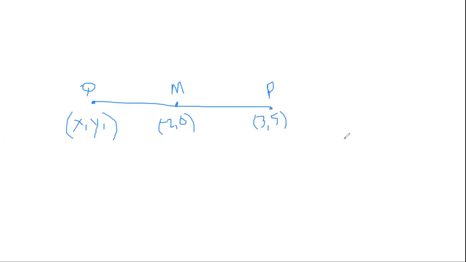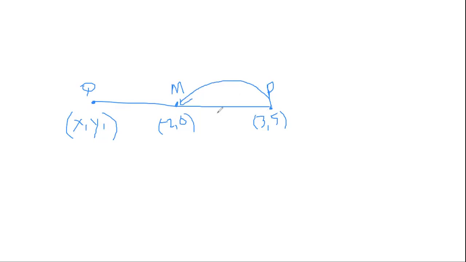And we can find that other endpoint in a couple of different ways. The first thing I would suggest is to think about this in terms of counting on the number line. How far am I going for the x value to go from 3 to -2?